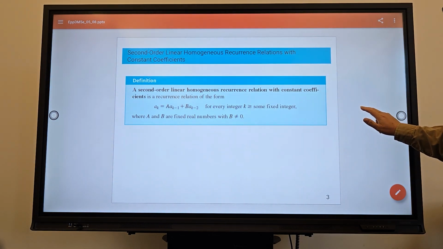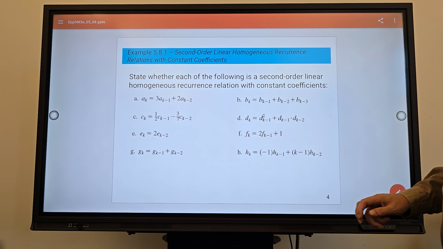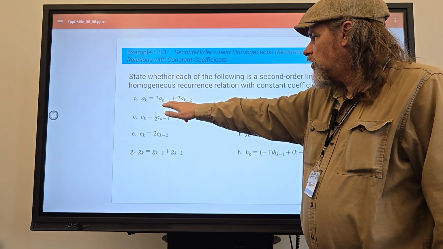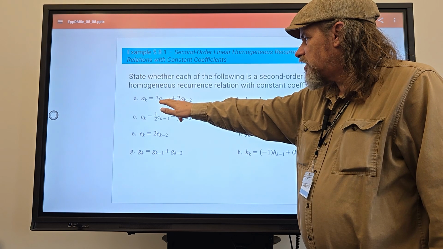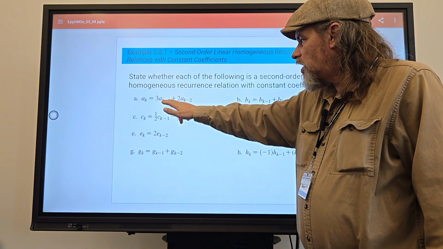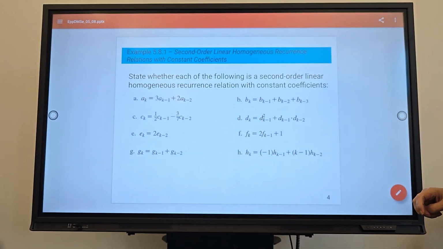So state whether each of the following is a second order linear homogeneous recurrence relation with constant coefficients. Well, the first one has constant coefficients, A and B, and a sub k minus 1 and a sub k minus 2 are both present.